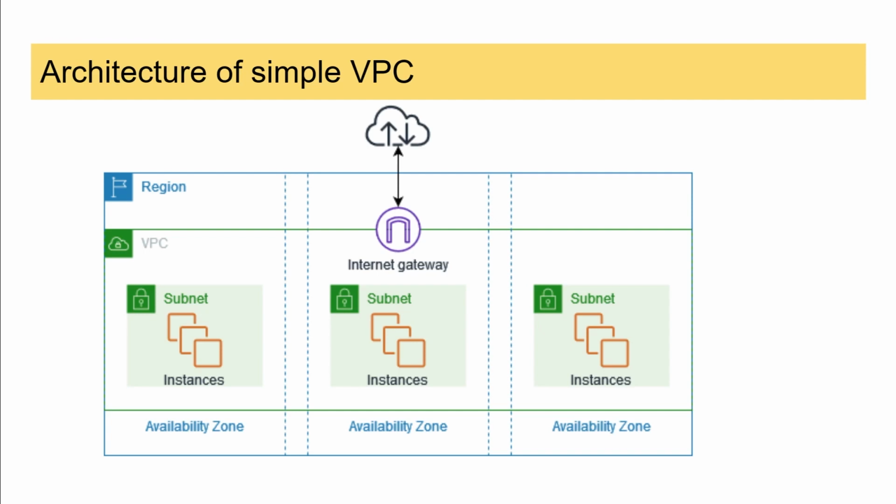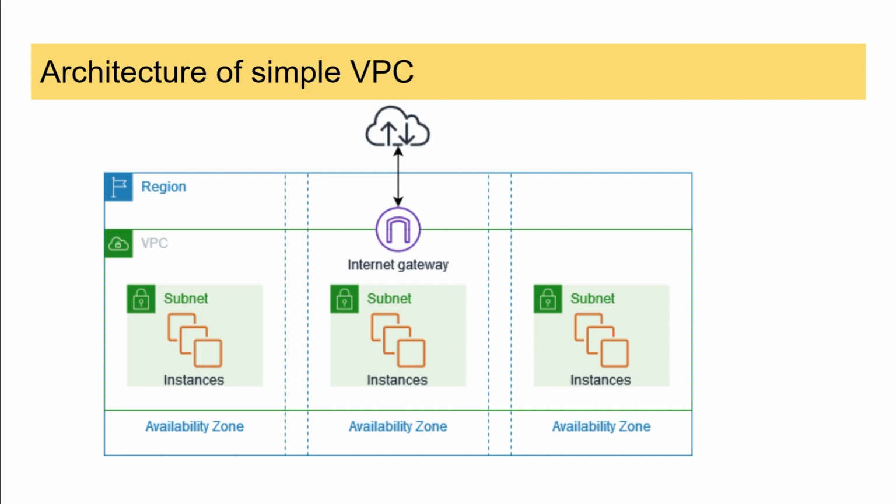In the previous slide, we discussed two security features. One is the security group and the other is the NACL, the Network Access Control List. Security groups are instance-specific features. They are also called instance firewalls. They control what kind of traffic can come into an instance and go out of an instance. Security groups are stateful.